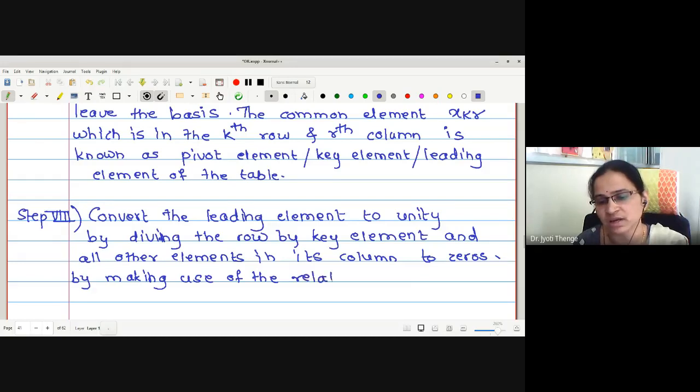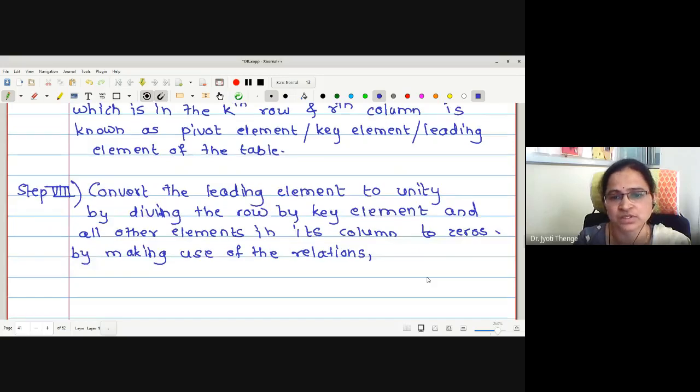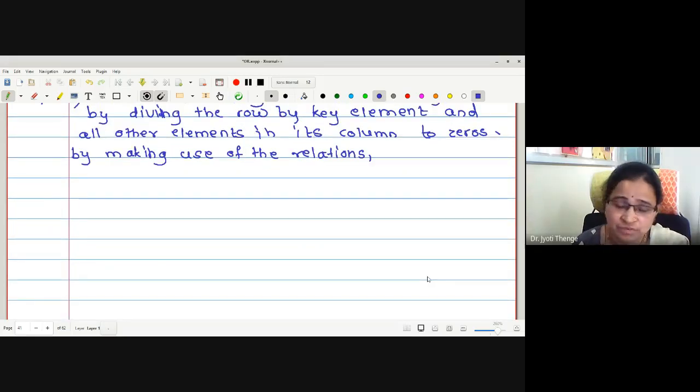Actually, some formulas are given here to convert the key element to unity and the remaining elements to 0. But while solving the problems, we actually use row operations.